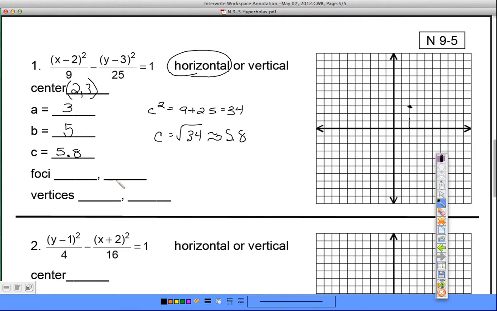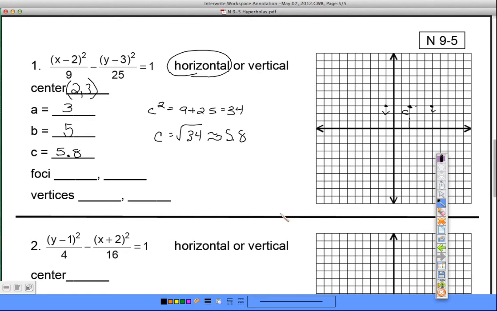All right, so now, this is how you'd go about drawing these things. Remember, a goes in the direction the hyperbola is, and it's horizontal. So a is what you move here. This is your center. Your vertices are going to be right here and 3 to the left right here.